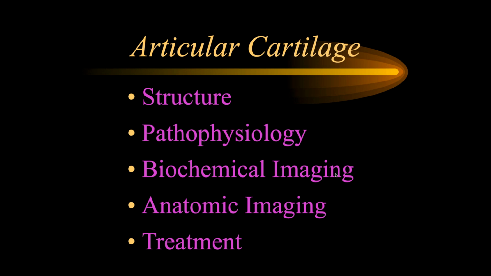But if we can't preserve it, then you can see anatomic imaging where we see defects, and then some of the treatment protocols. And I think there are a lot of techniques out there that are being tried around the world. Only a few of them are FDA approved in the United States. But I think over the next 10 years, there will be many more procedures that will become approved. And then there's the issue of who pays for them, because they're all very expensive.